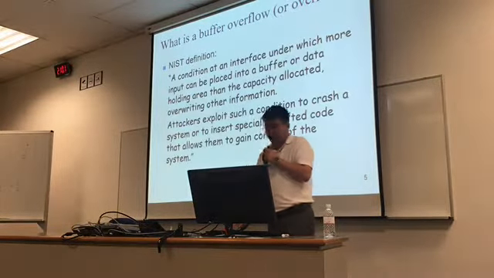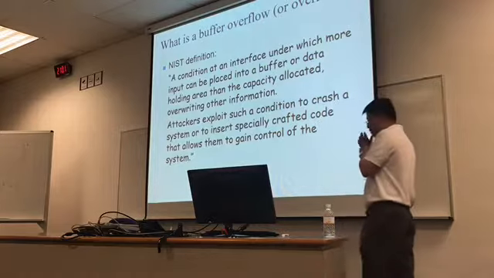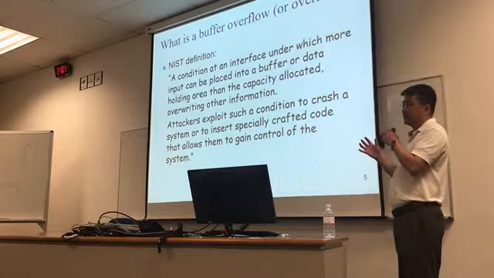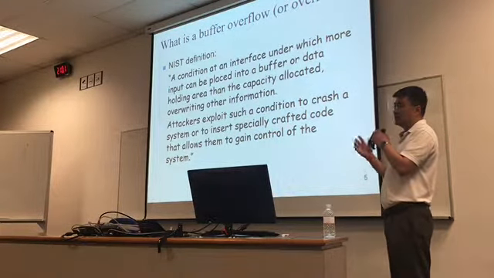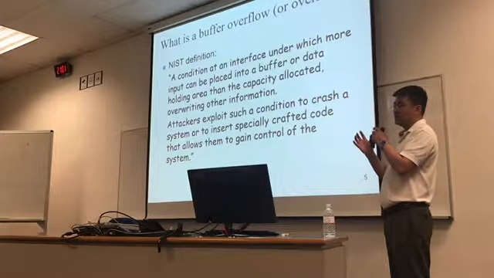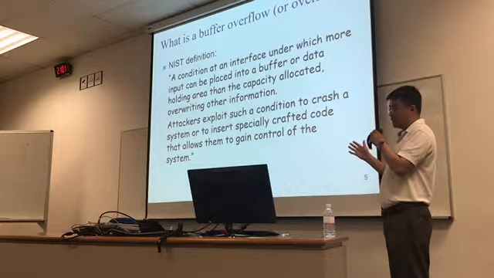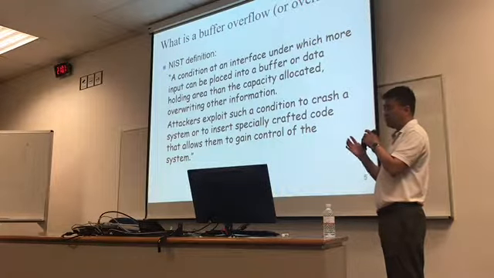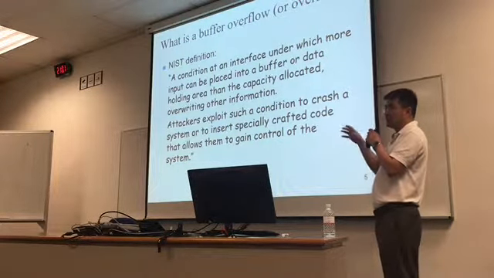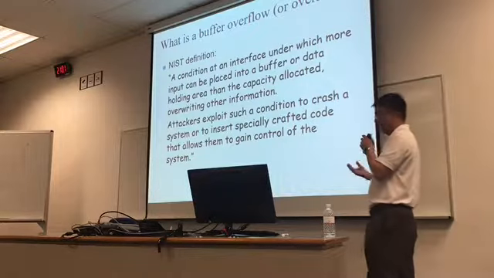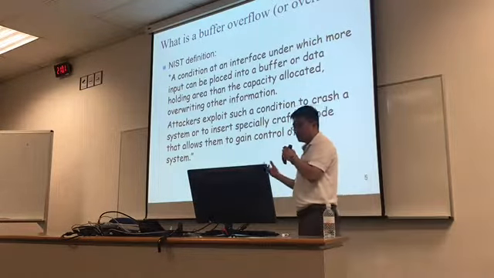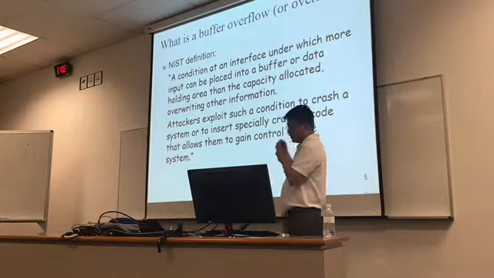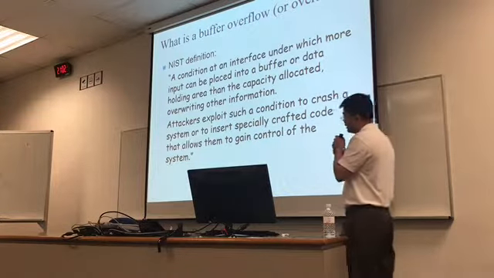So what is buffer overflow? Basically, buffer overflow means when you try to write data which exceeds the capacity of the buffer. You have larger data than the capacity of the buffer. In this case, the data will overwrite other content in the memory. So this is the buffer overflow. Then the consequence is also given in the definition.